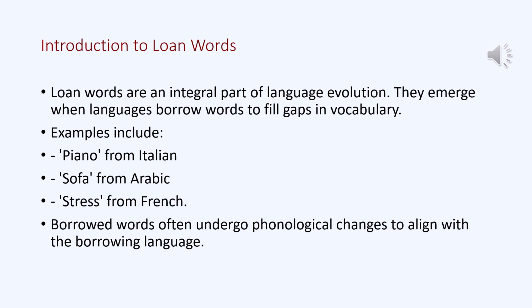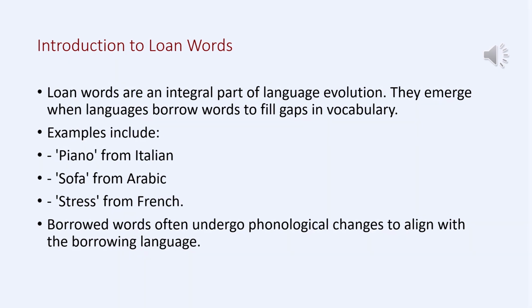And this process happens a lot within languages to fill gaps in vocabulary, because there are certain concepts that are in French, for example, but aren't there in English, or vice versa. So languages tend to borrow these concepts, borrow these words, to help fill in these gaps.